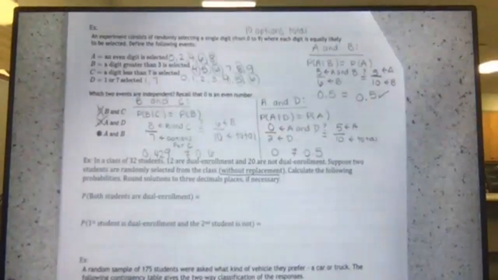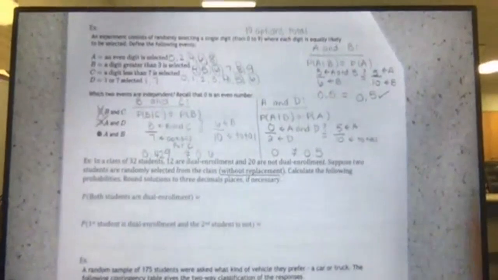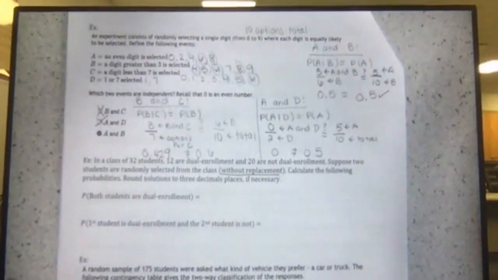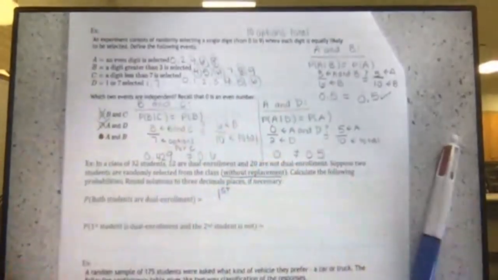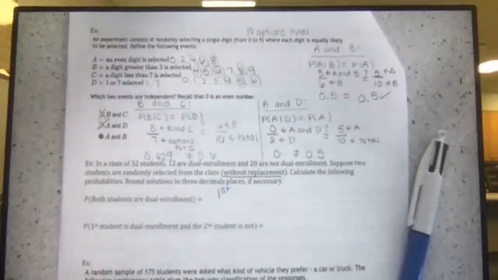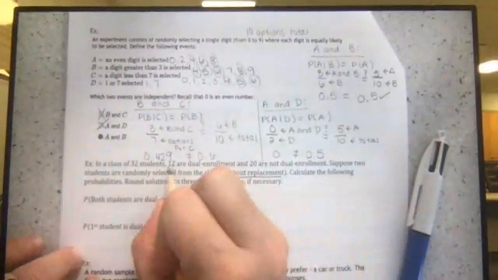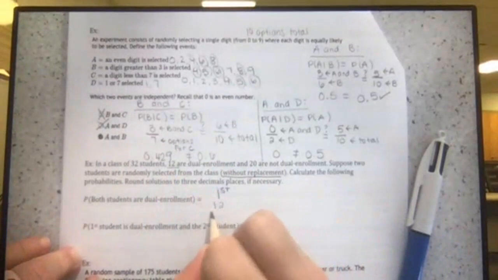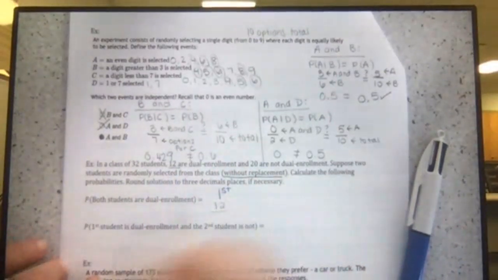Okay, so to do this, we're going to find the probability that the first student is dual enrollment. So how many dual enrollment students are there? 12. So 12 dual enrollment out of how many total? 32.